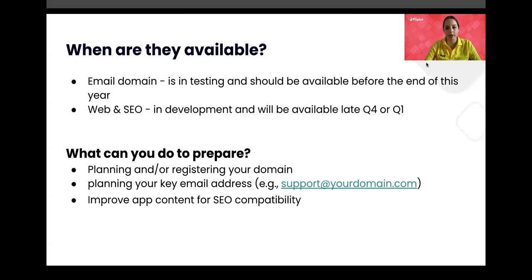So the better content, the more likely you are to be SEO recognizable and optimized. So we suggest maybe having some review of what's in your app, if that's something you're interested in, seeing how you can review and optimize your content.